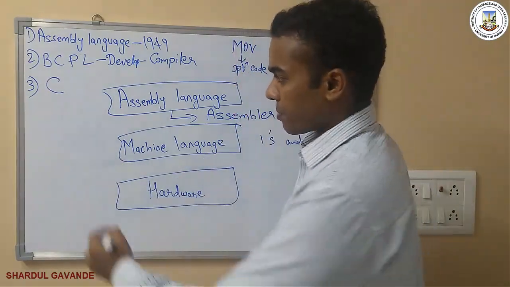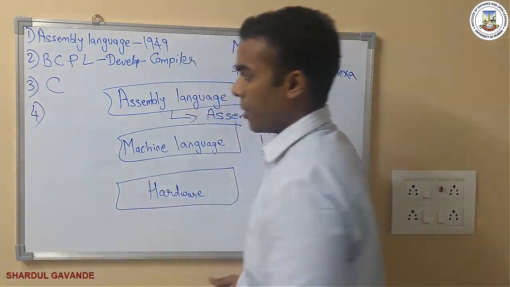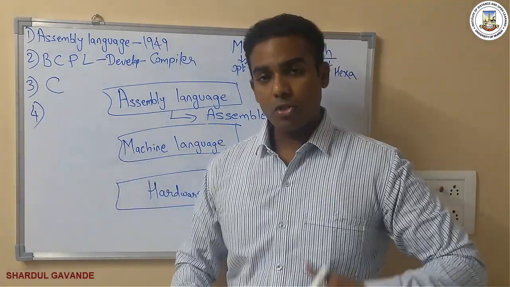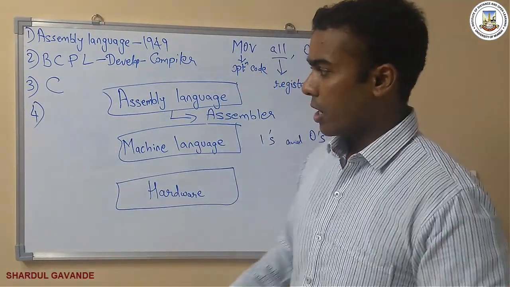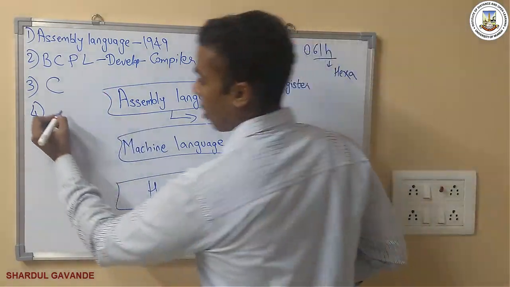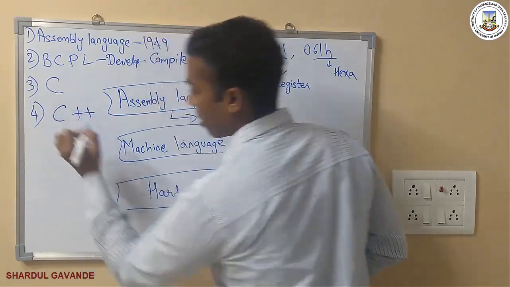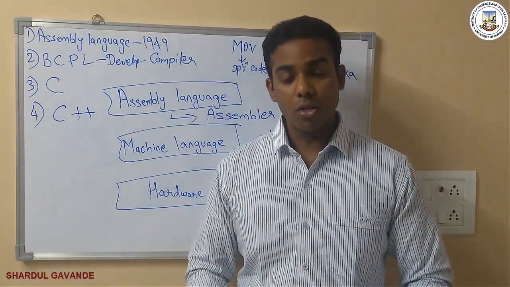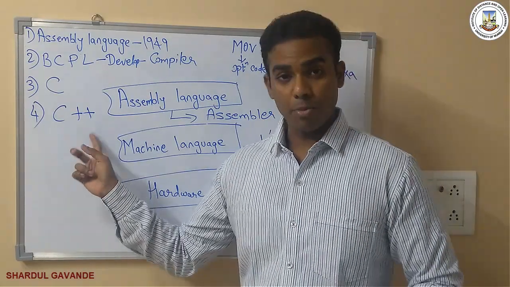So later on, in the year 1985, Bjarne Stroustrup came up with a new language, or you can simply say an extended version of C, called C++. It was called C with classes, and later on it was given the name C++.